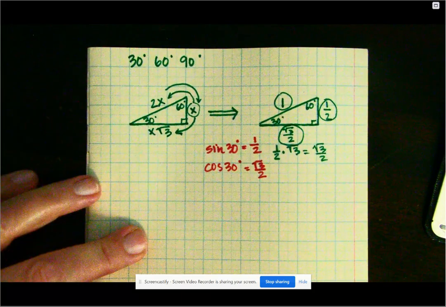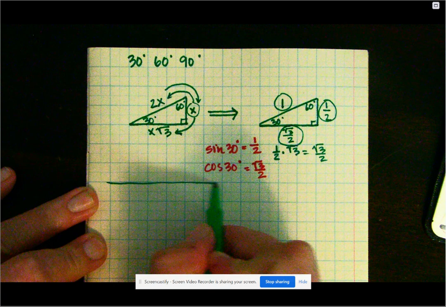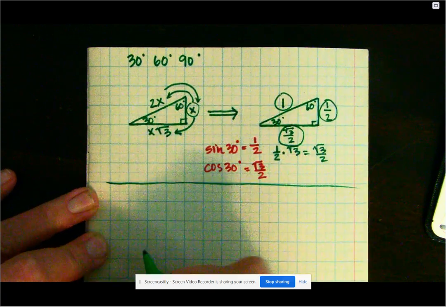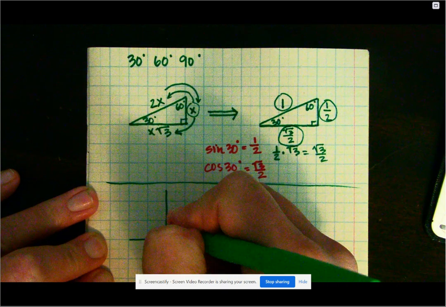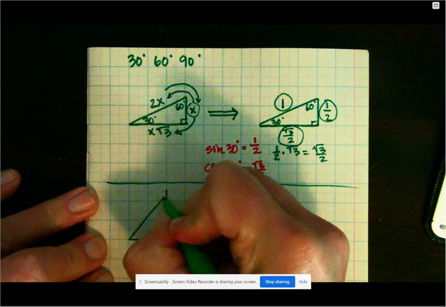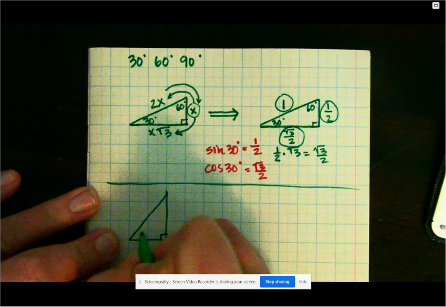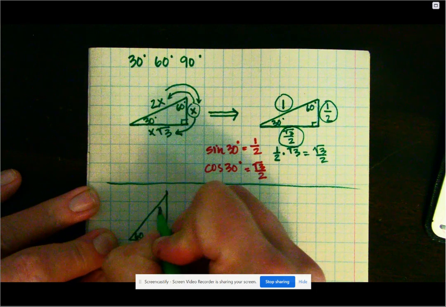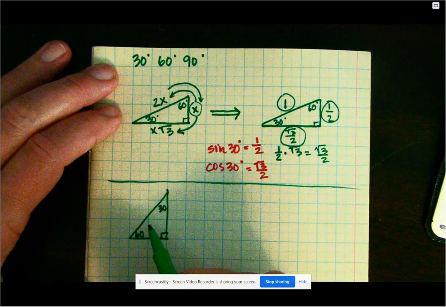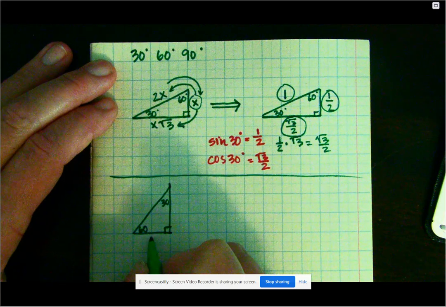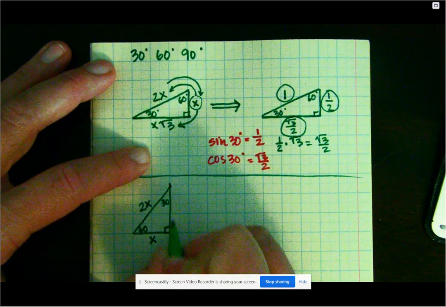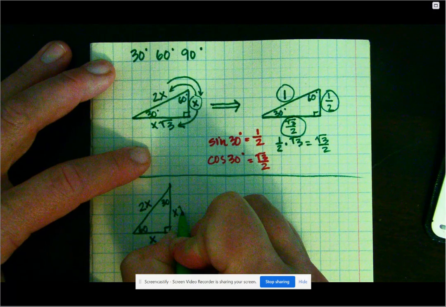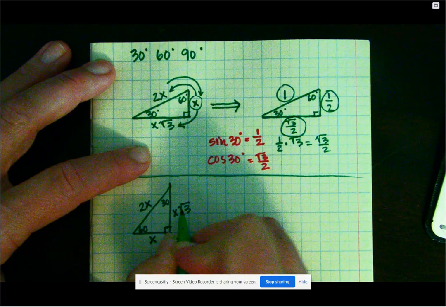Okay, now if we flip the triangle on its side, this is going to be helpful because with Miss Austin's notes, it's going to be helpful to also see it this way. Okay, same thing is true. The short side would be x, the hypotenuse is twice as much, and then the longer leg is x root 3, or short leg times the square root of 3.